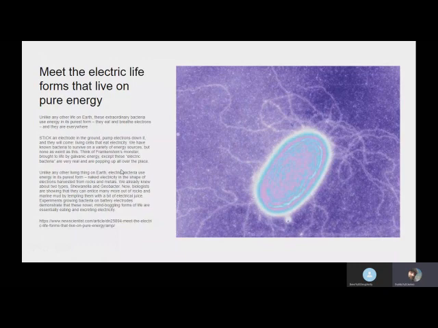Now, biologists are showing that they can entice many more out of the rocks and marine mud by tempting them with a bit of electrical juice. Experiments growing bacteria on battery electrodes demonstrate that these novel, mind-boggling forms of life are essentially eating and excreting electricity. That's cool.